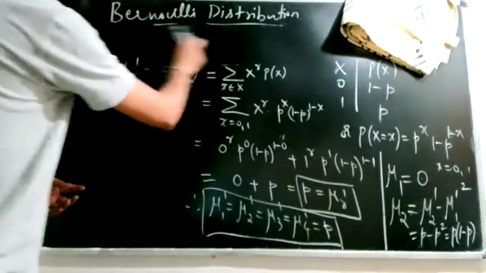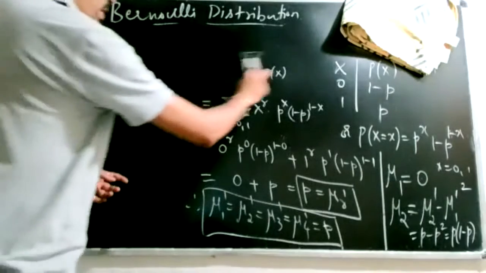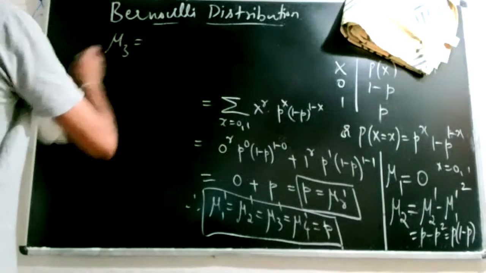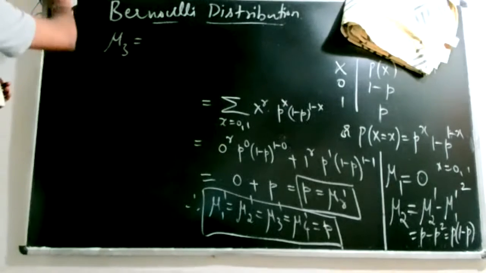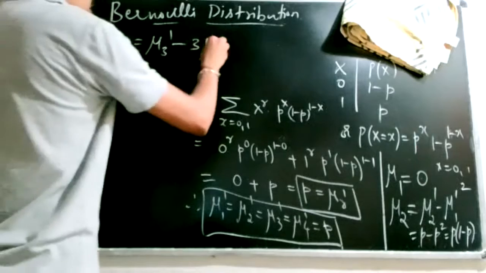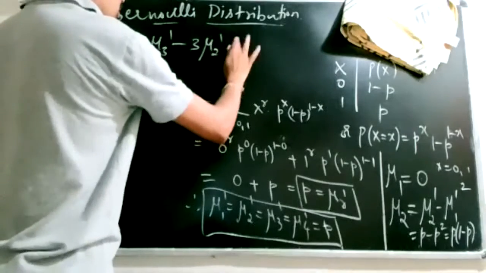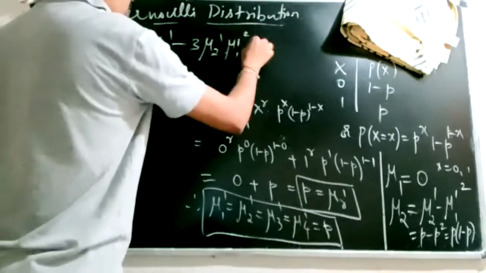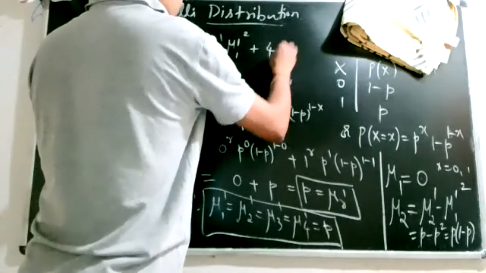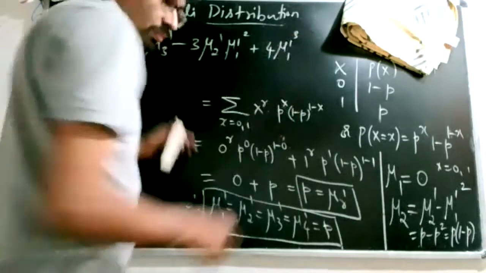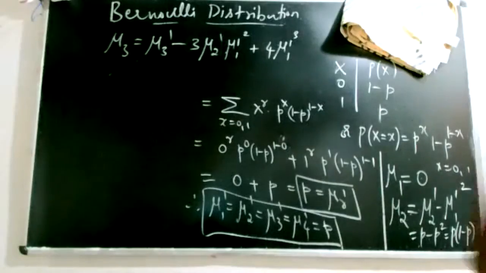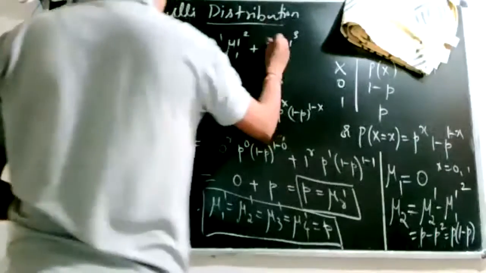Similarly, if you look at the third central moment, mu3, the formula is mu3 dash minus 3 mu2 dash mu1 dash plus 2 mu1 dash cube.